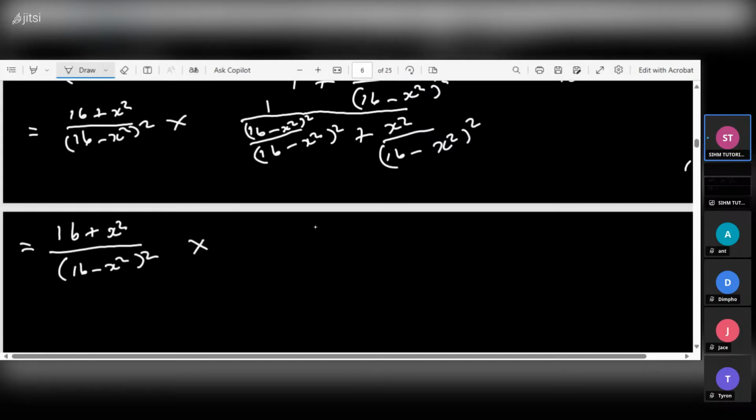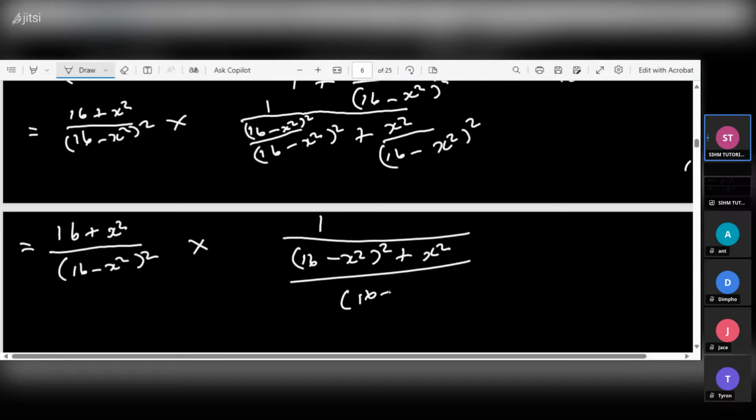So here we're going to have 1 divided by the 16. Remember, now we apply the laws of fractions, where we add the numerator and then keep the denominator. So it's going to be into (16 minus x squared) all squared in that way.